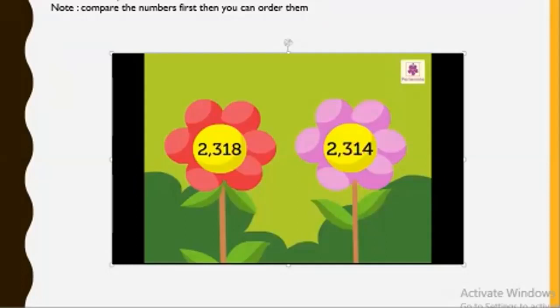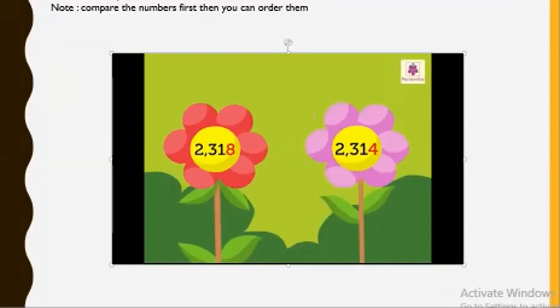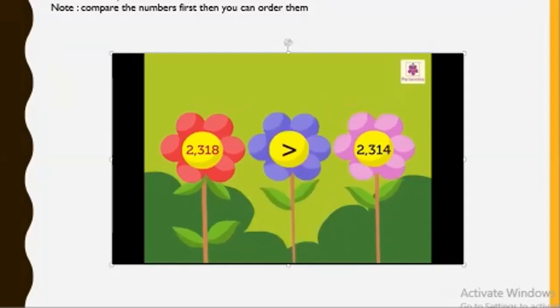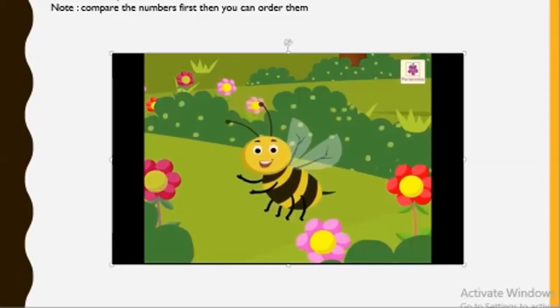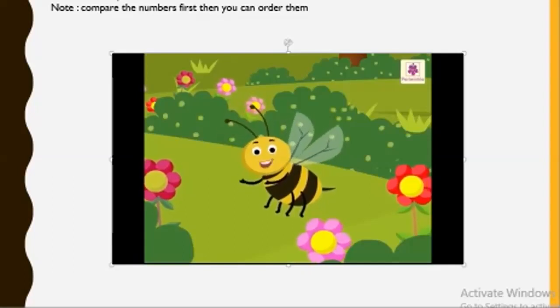Both the numbers have 1 in the tens place. So, now we compare the digits in the ones place, that is 8 and 4. Here, 8 is greater than 4. Thus, we say 2,318 is greater than 2,314. Kids, it is easy, but do it carefully. Bye.